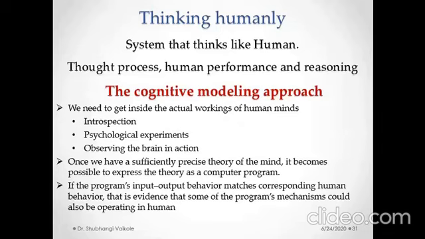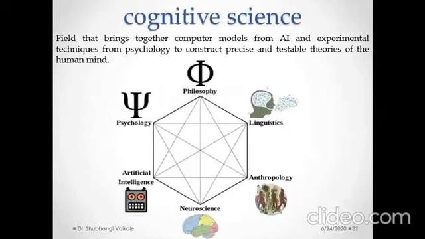If the program's input-output behavior matches corresponding human behavior, that is evidence that some of the program's mechanisms could also be operating in humans. We will see the example of the system as cognitive science. If we say a given program thinks like a human, we must have some way of determining how humans think.